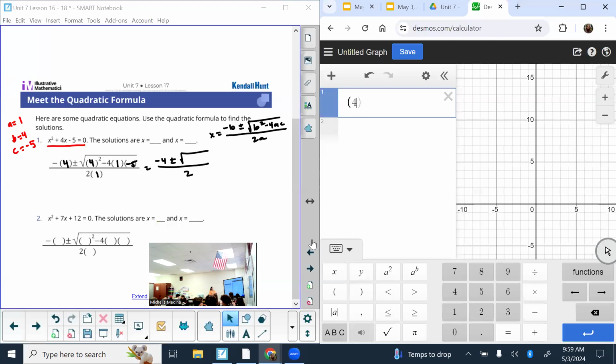I let the calculator do the 4 squared minus 4 times 1 times negative 5. So I have a positive 36 under the square root symbol. That tells me that I'll have 2 solutions at the end of it, because it's positive.